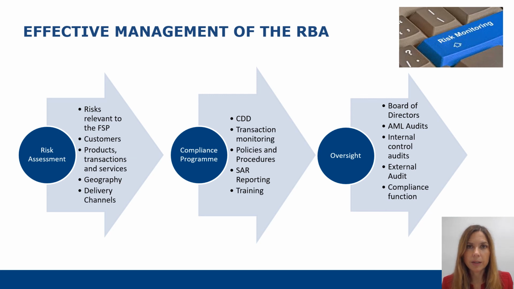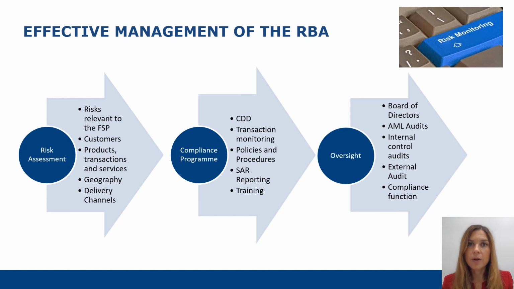Then you have your compliance programme. You are essentially the gatekeepers to these risks, and there are certain tools you can use to manage those risks, such as your client due diligence, when and where and how you use enhanced due diligence, your transaction monitoring, your policies and procedures, good training and awareness around risks, but also around reporting suspicions to the relevant authorities.